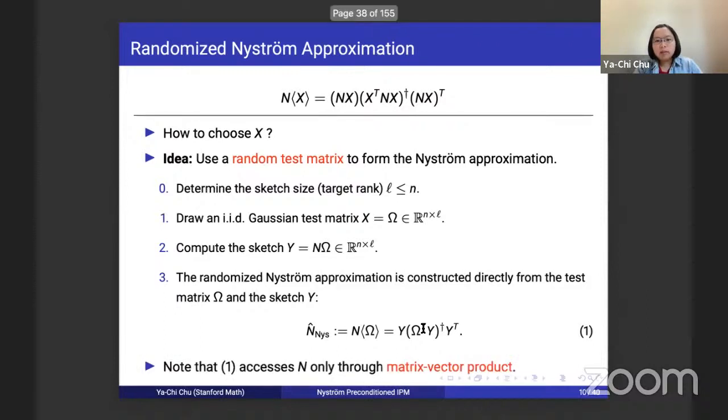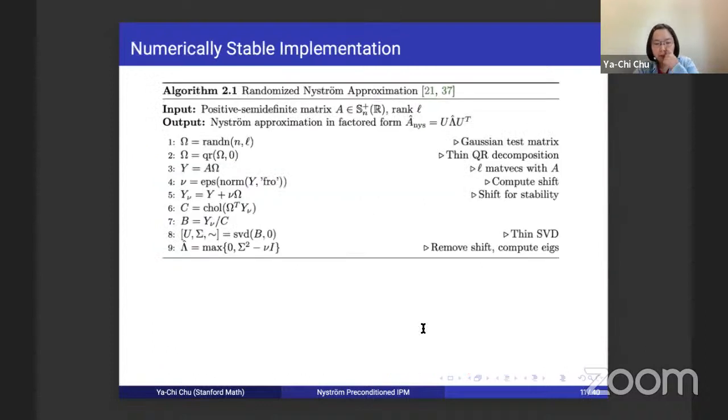And so depending on the sketch actually means that it depends only on the matrix-vector product of N. So it is kind of matrix-free. We don't need to have the whole matrix N. You just need to know how to apply the matrix-vector multiplication. That's enough. Okay. So this is the property of Nystrom approximation.